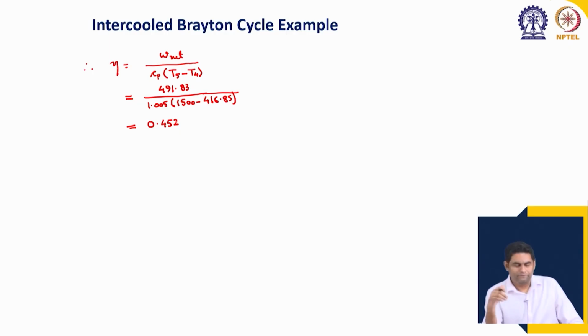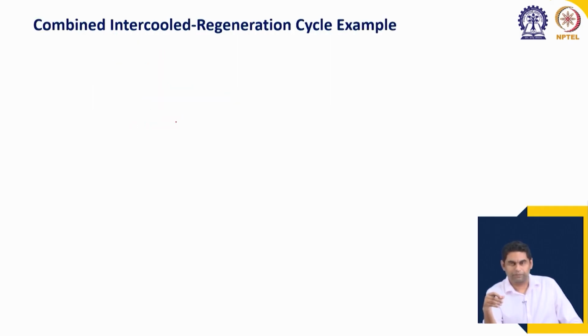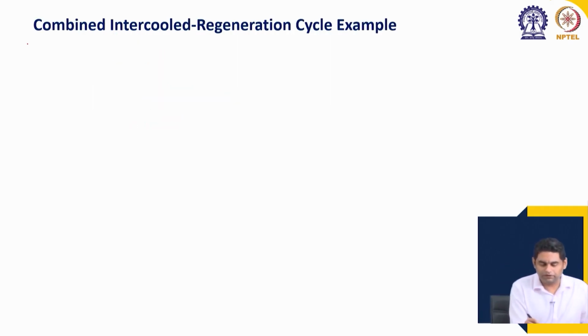Okay. So, now we move on to the other problem. We will see how these values compare with all the previous cases in tabular form later in today's class, okay, once we solve another problem related to intercooled plus regeneration cycle. So, we will take the second problem. So, this is overall problem number 6.